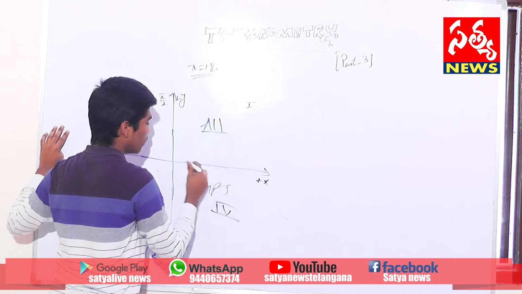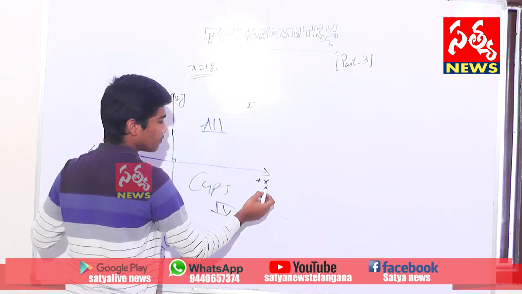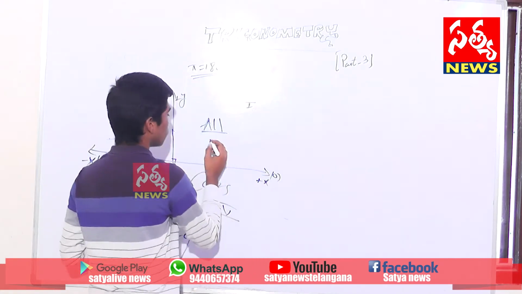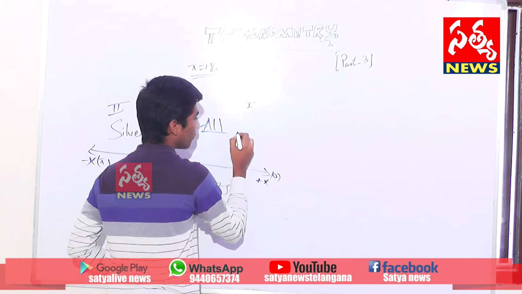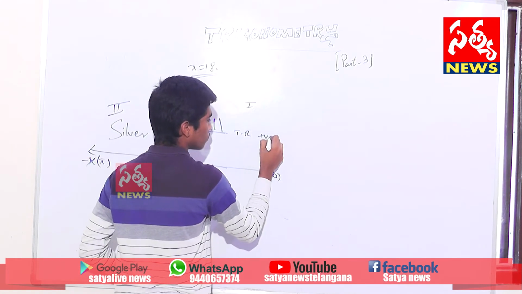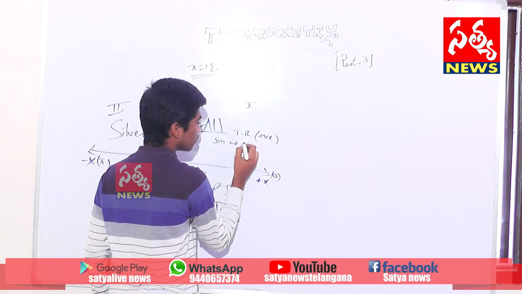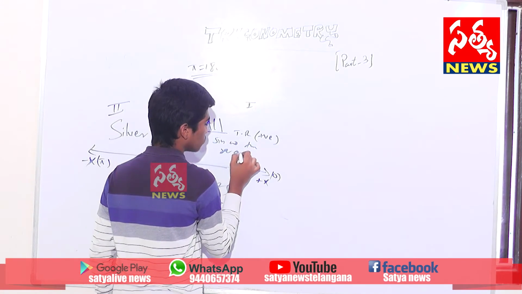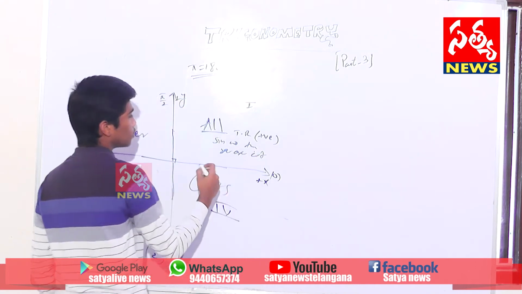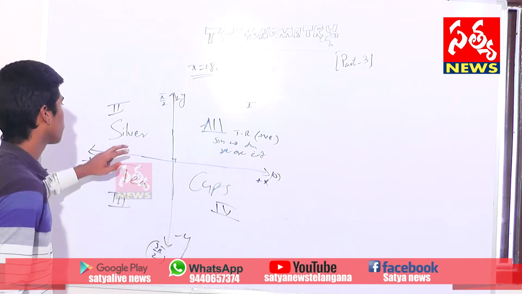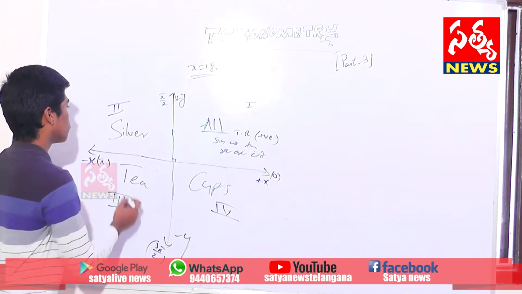Here in the first quadrant, that is from 0 to pi by 2, all trigonometric ratios are positive. Trigonometric ratios are sine, cos, tan, secant, cosecant, cot. These all are positive in the first quadrant. In the second quadrant, Silver.